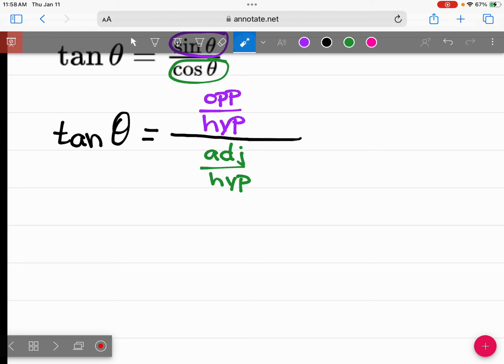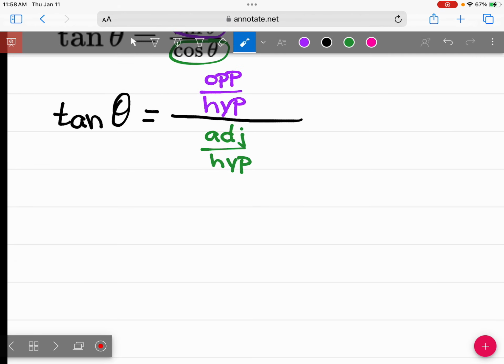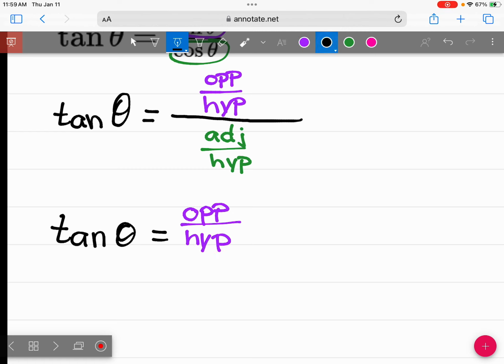Now, when we divide by fractions, it means to multiply by the reciprocal. So tangent of theta equals opposite over hypotenuse, the sine staying right there, multiplied by the reciprocal, hypotenuse over adjacent.